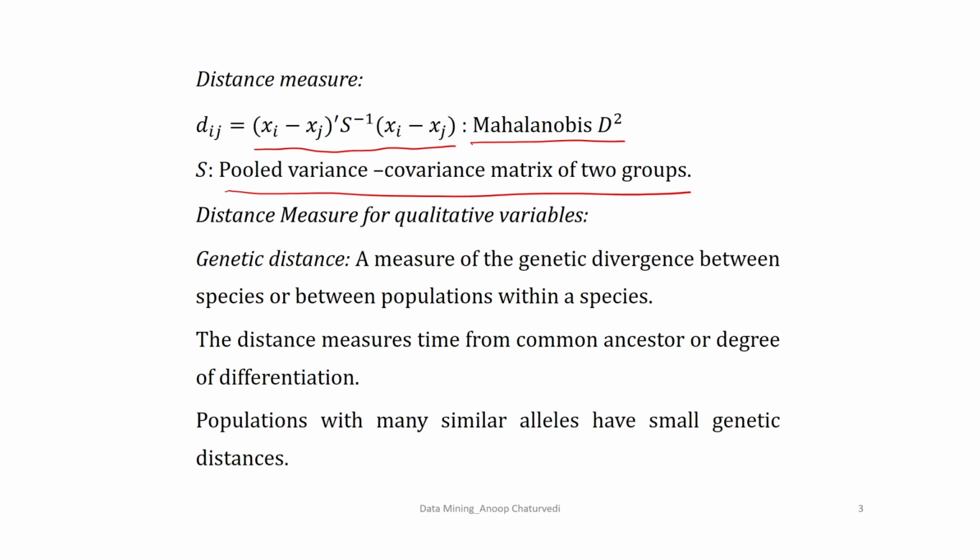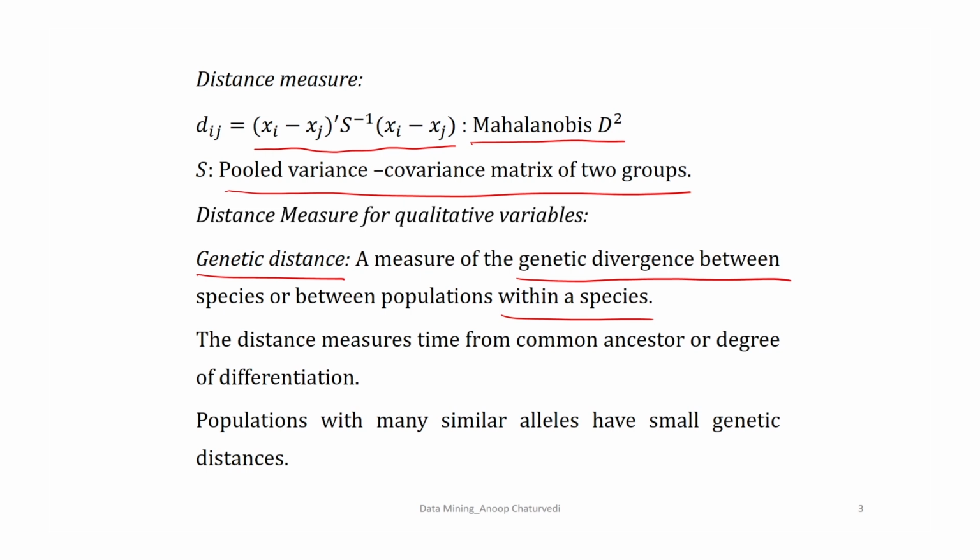Then for qualitative variables, one of the measures is genetic distance, which is a measure of the genetic divergence between species or between populations within a species.